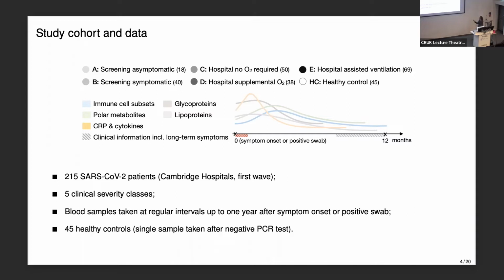The data were longitudinal measurements covering 1 full year after disease onset. They covered different types of data: immune cell subsets, polar metabolites, glycoprotein lipoproteins, inflammatory markers like CRP and cytokines, and also other clinical information like questionnaires on long COVID symptoms.